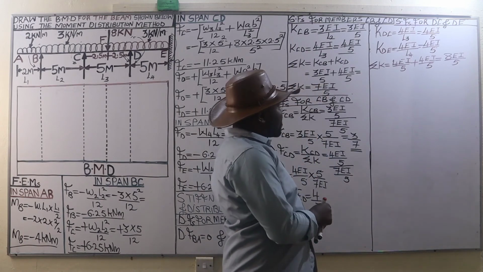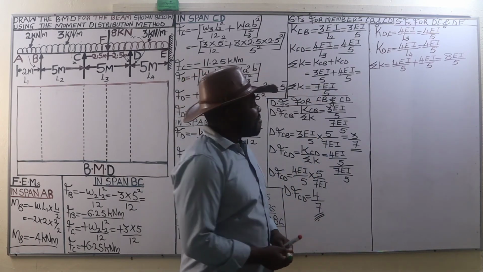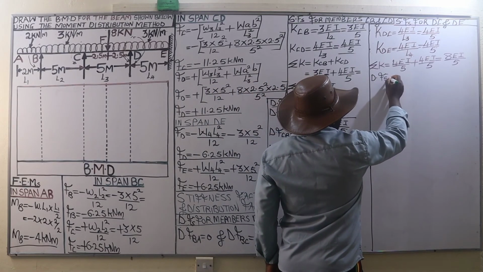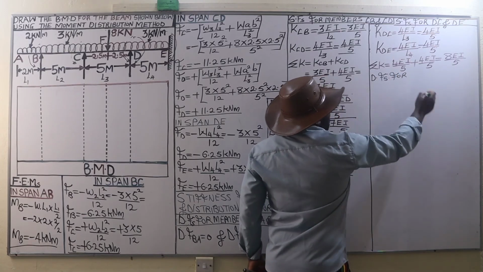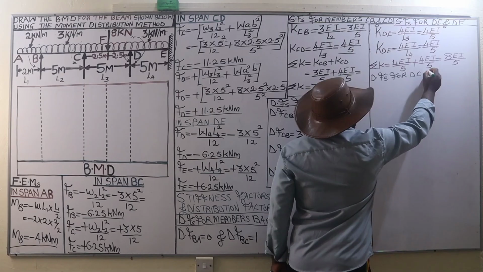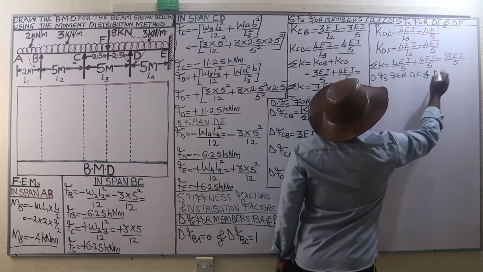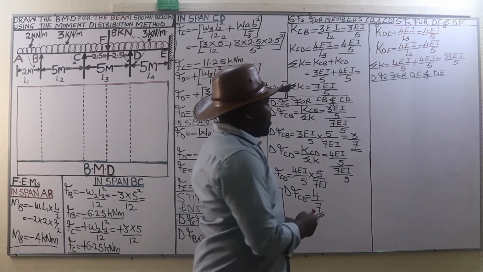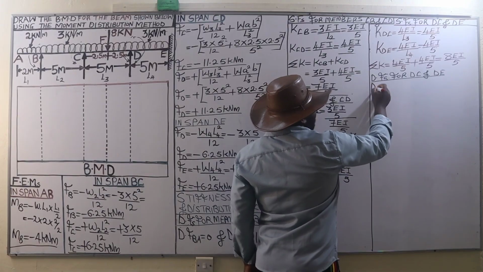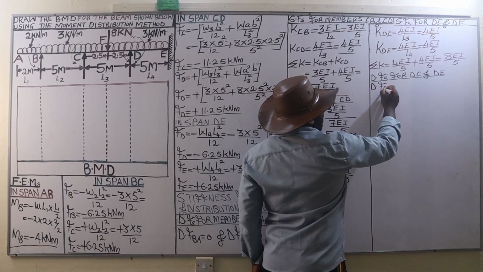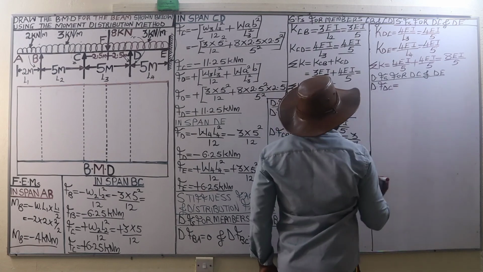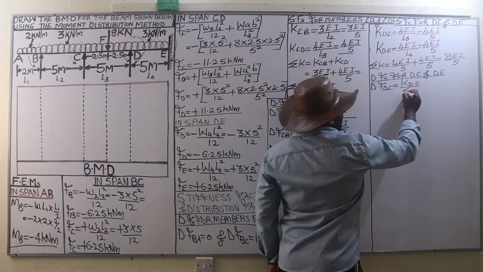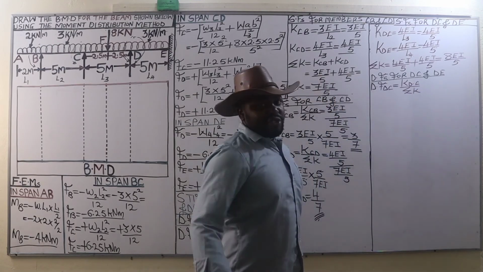Then, after determining the stiffness factors for those two members, the next thing will be determination of distribution factors for members DC and DE. The distribution factor for member DC will be given by the stiffness factor for member DC divided by the summation of the stiffness factors for those two members.